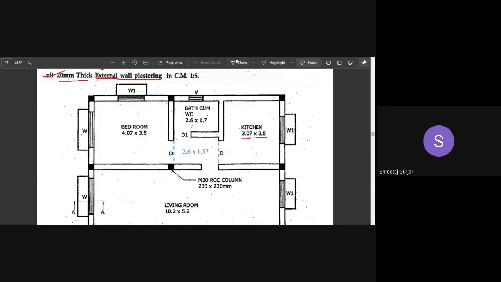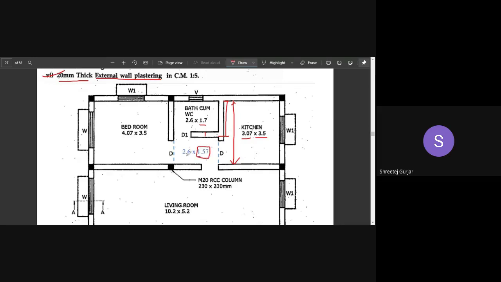So for breadth, how can we calculate? This is given as 3.5, and I need to reduce this part. It is 1.7 plus 0.23. If you reduce that from 3.5, you get 1.57.